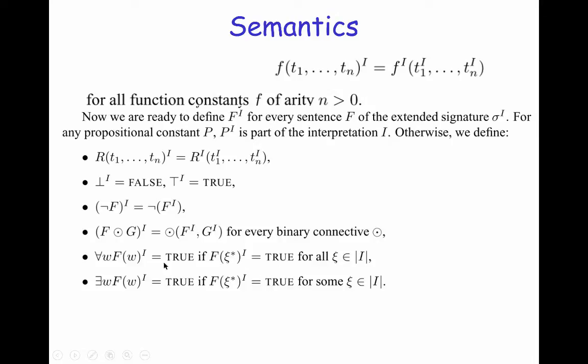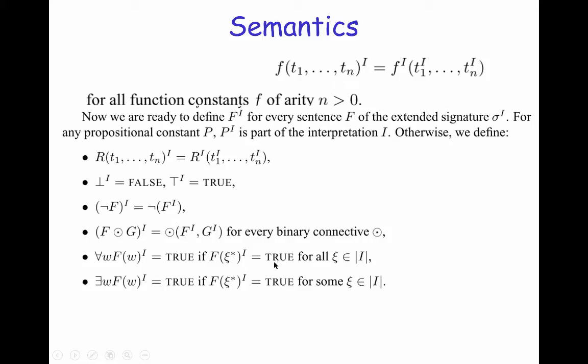It looks a bit complicated, but basically what it means is if you want to say that this is true, then replace all the variables with object names in the universe. For all object names in the universe, when you replace it, and each of the evaluations returns true, then we can say that this formula for all w F(w) is true. Otherwise, it is false, of course.